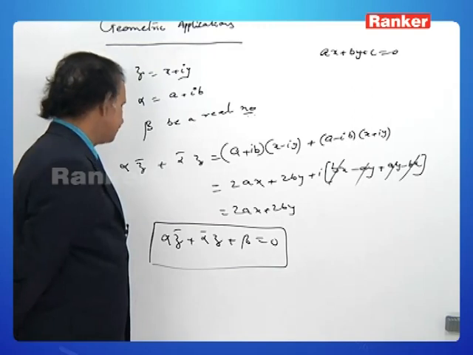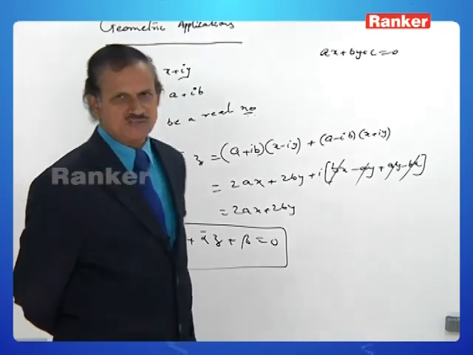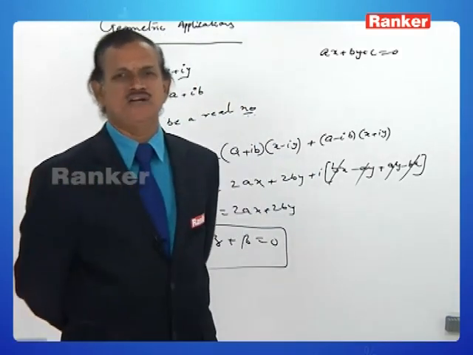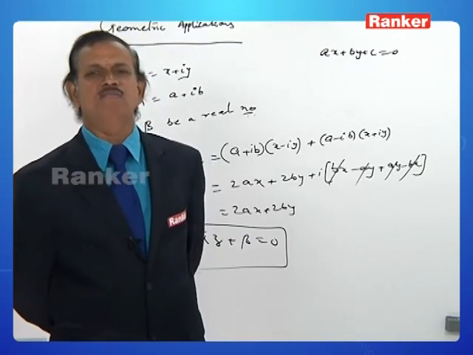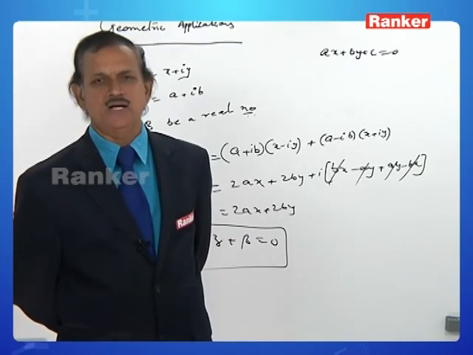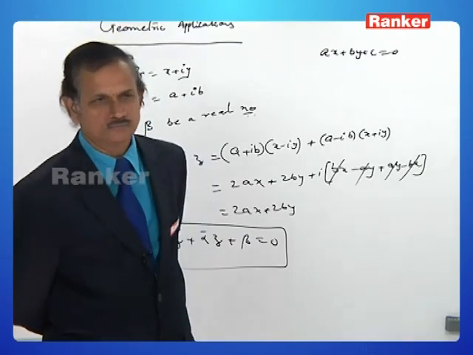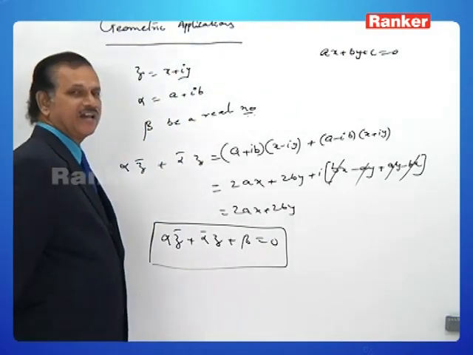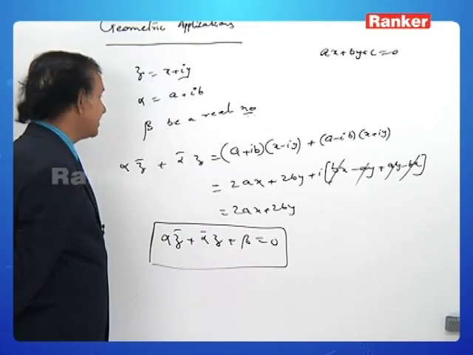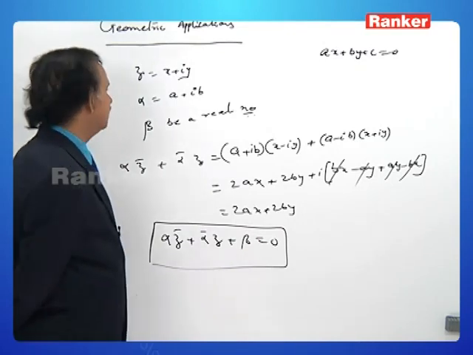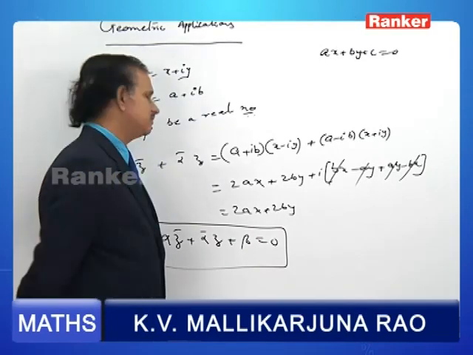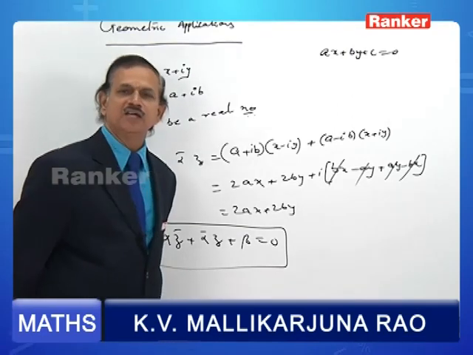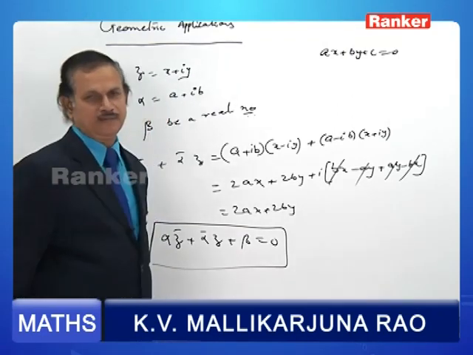So hereafter, what is the standard equation of a straight line? Alpha z bar plus alpha bar z plus beta is equal to 0, where alpha is a non-real constant, non-real complex number, and beta is a real number. It is the most standard form of an equation of a straight line.